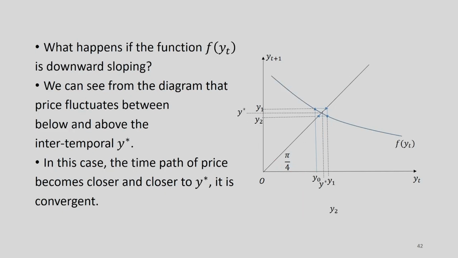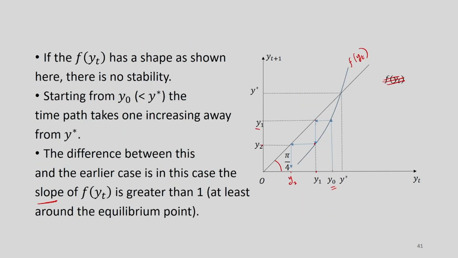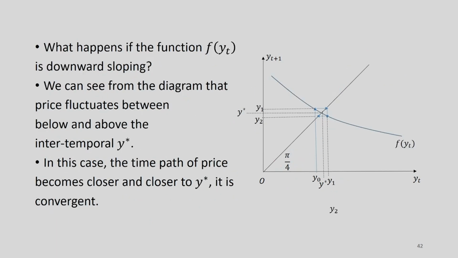So, in both these cases, one was stable, the other is unstable. There was one common point, that the f function was an increasing function, right. But what happens if the f function is not increasing? If it is downward sloping, then you have something like this, right.